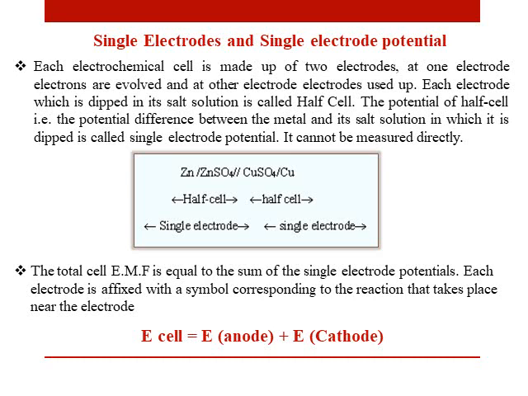Each electrode which is dipped into a salt solution is called a half cell, and the potential difference between the metal and the metal salt solution in which the electrode is dipped is called a single electrode potential.